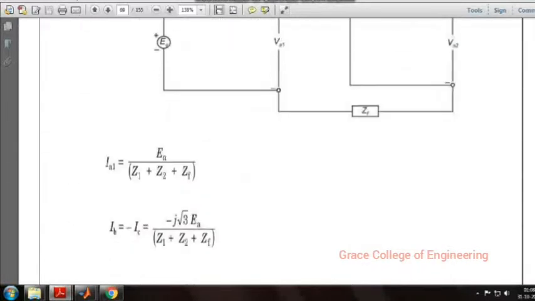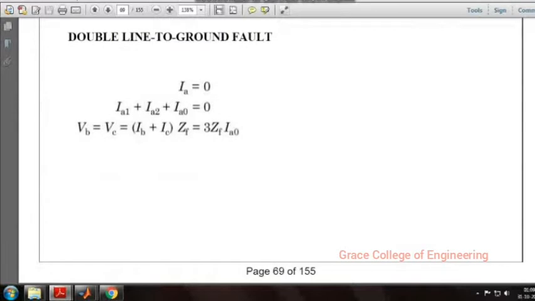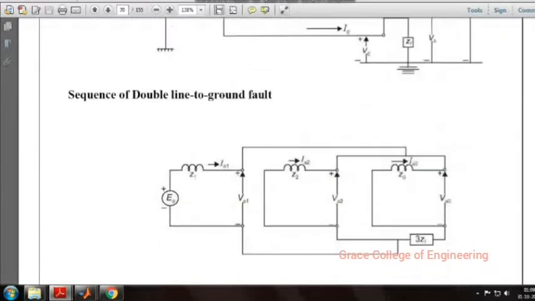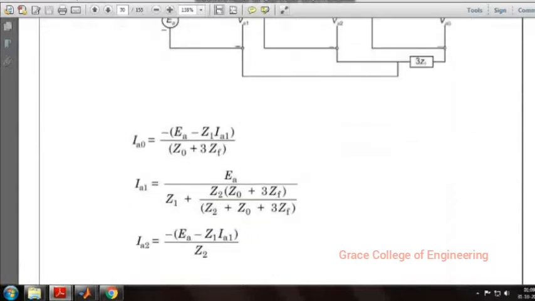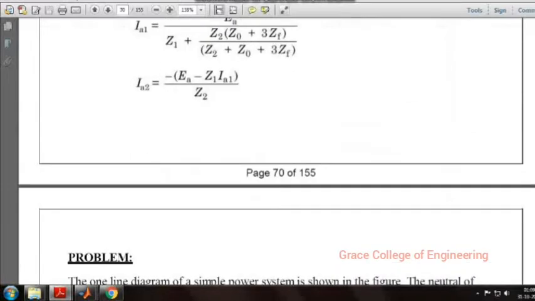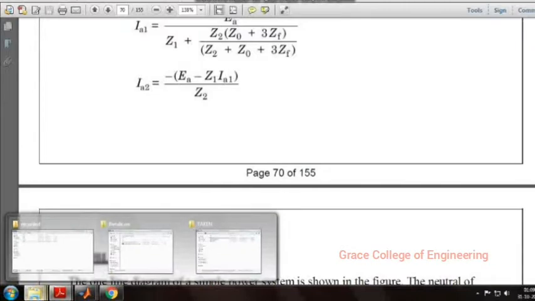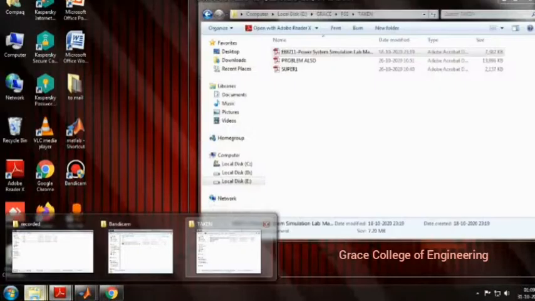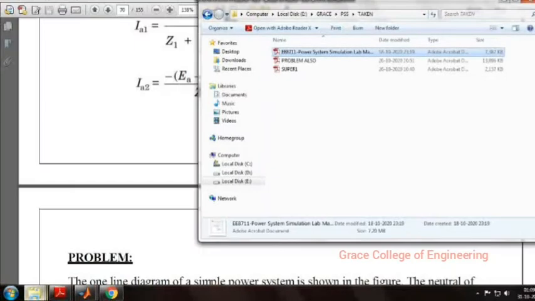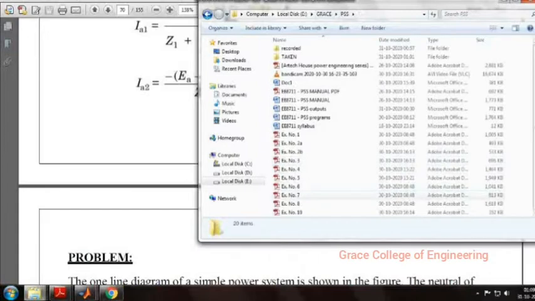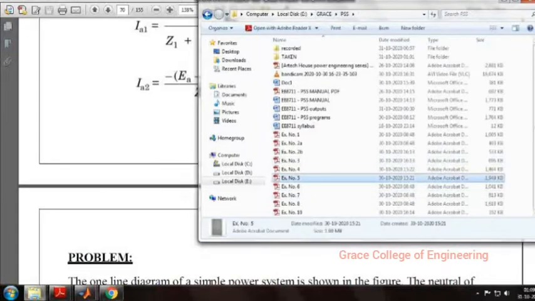As given here, there will be different formulas, and by using these formulas, we have to find the output value and write the programs. Here we can take the problem.